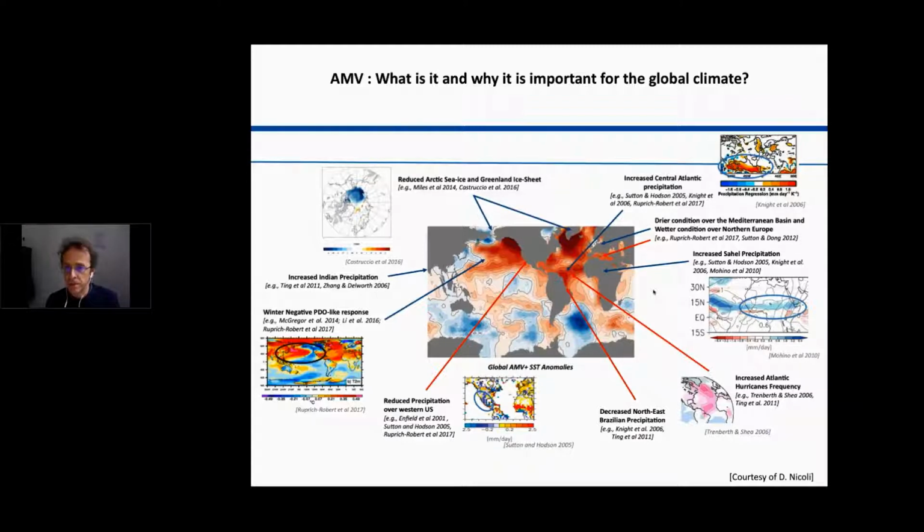Thinking about the Mediterranean basin and northern Europe, there are drier conditions over the Mediterranean basin and wetter conditions over northern Europe associated with a positive phase of the AMV.